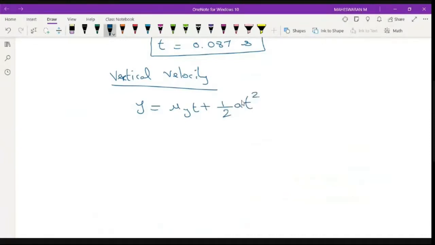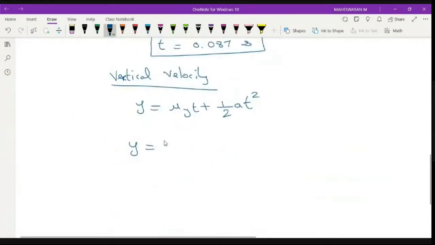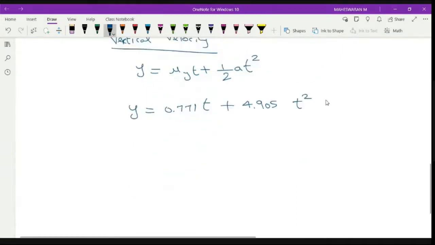Why is it plus? Because it is the downward direction. So y is equal to uy t plus 4.905 t square. So uy I know, which is 0.771 t. If I consider equation 1, you know the value of t, so let me substitute it here.